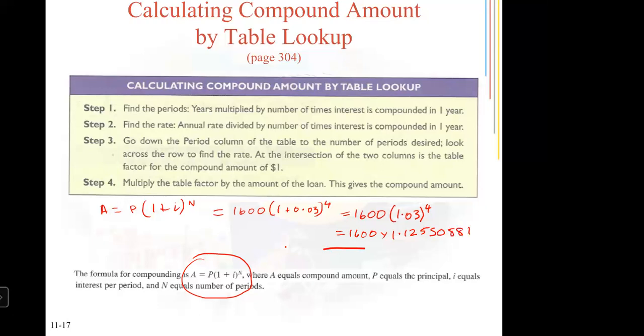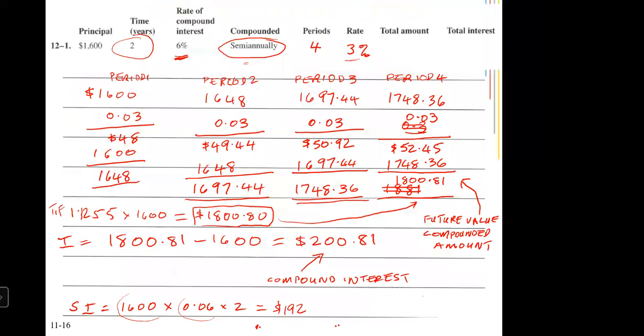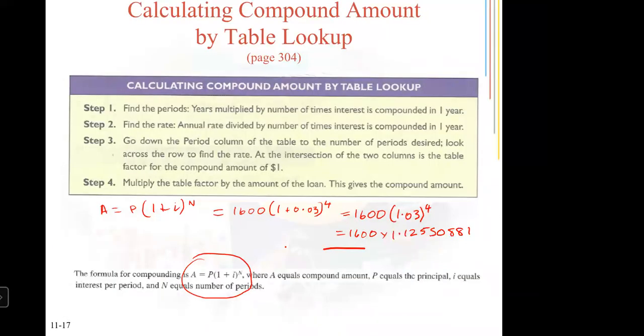1.125508881. You'll notice that it's similar to, as someone said just now, what we got on the table. But you see the table runs it off to 4 places. If you did the actual calculation, you will end up with more than 4 places.